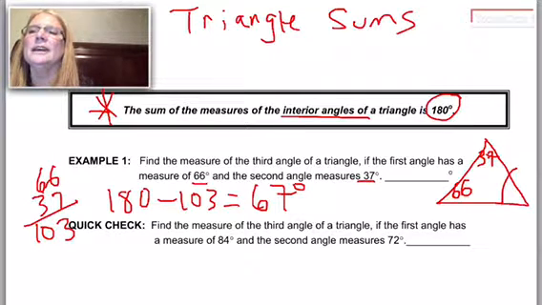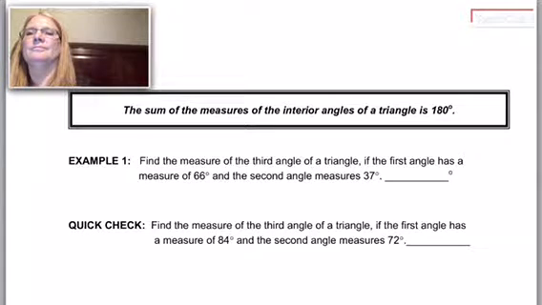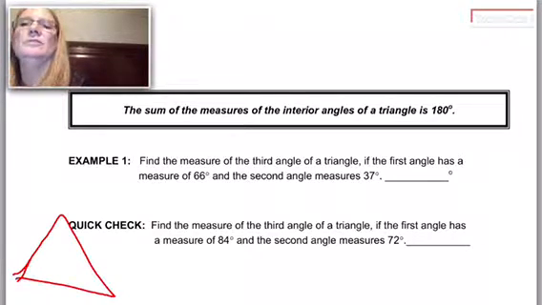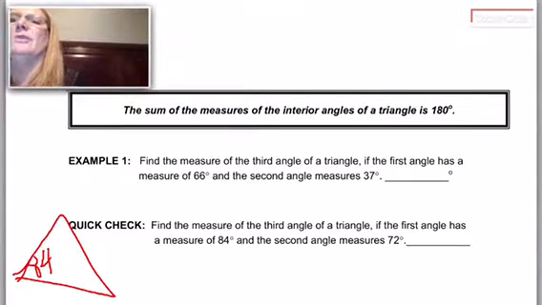Take a moment and do the quick check yourself. Again, you're just going to start with a triangle that has one angle of 84 and one angle of 72.